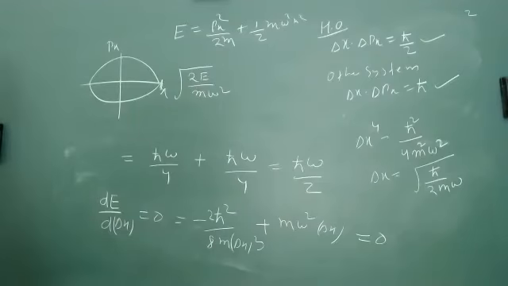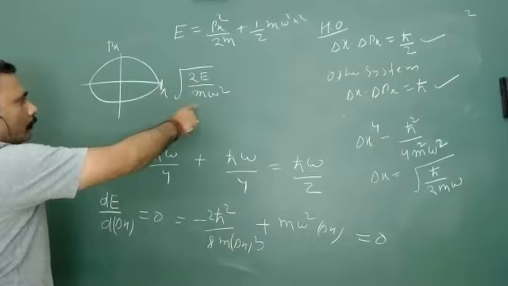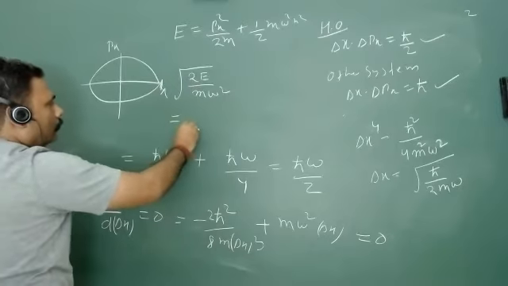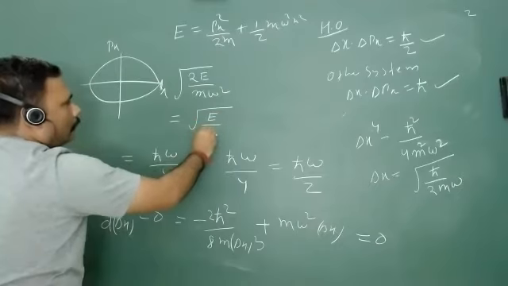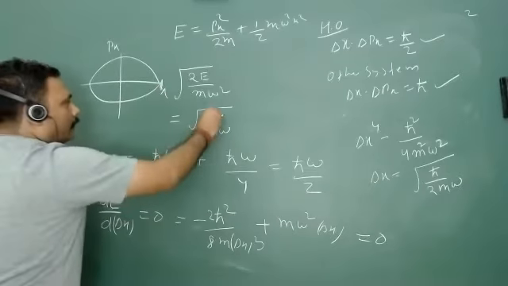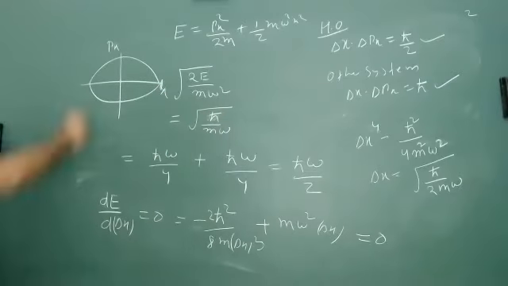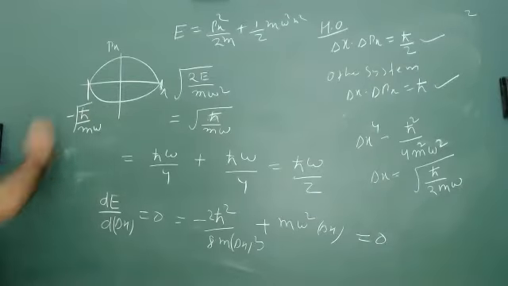Now, if you put the value of E is equal to h cut omega by 2, just put it, what will this value be? This is h cut upon m omega, and this is minus h cut upon m omega, isn't it?